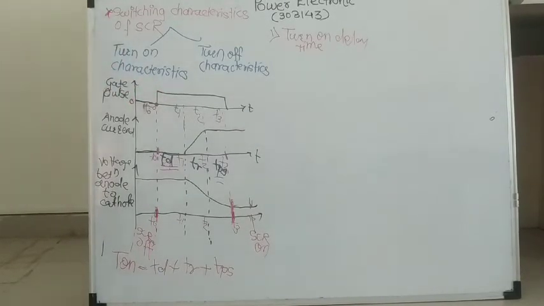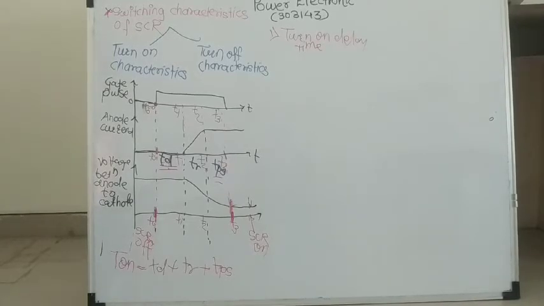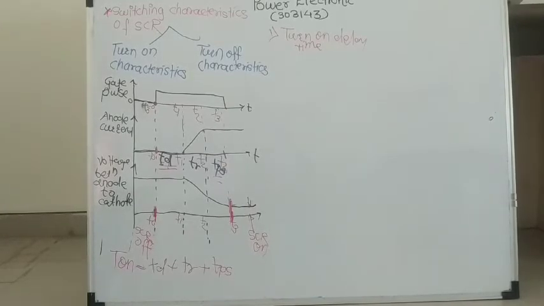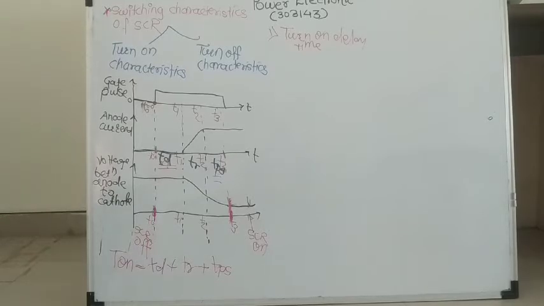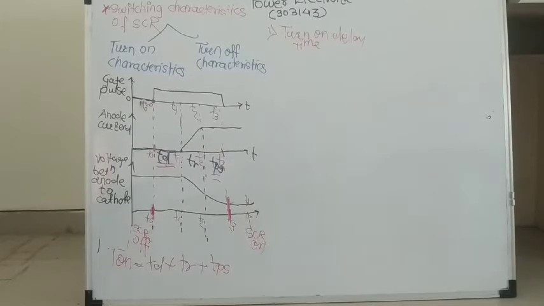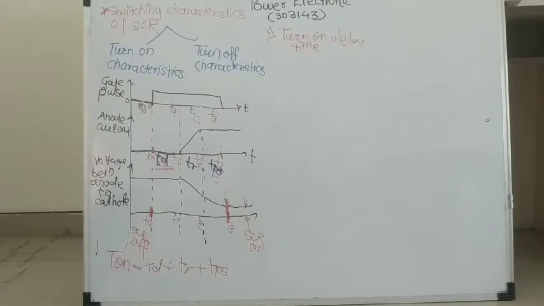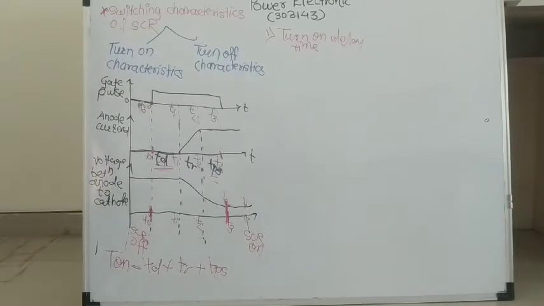Gate current is applied here, and excess carriers are injected into the P2 layer. P2 layer means which layer? Where we connect the gate terminal. This is the P2 layer. At the end of this interval, the voltage across SCR begins to reduce and the anode current starts increasing.